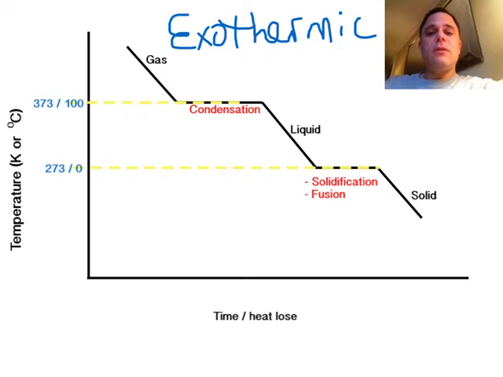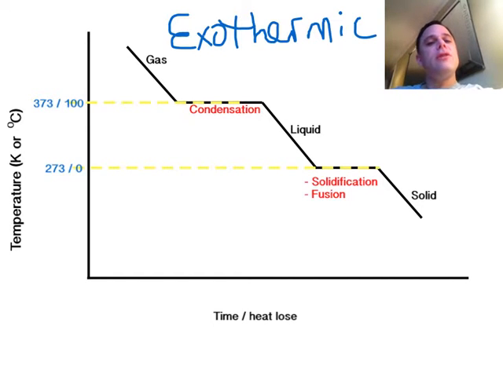All right, so let's continue and take a look at how to calculate how much energy a substance needs to have placed within it to transition from one position on this, well, now let's call it a map, to another position.